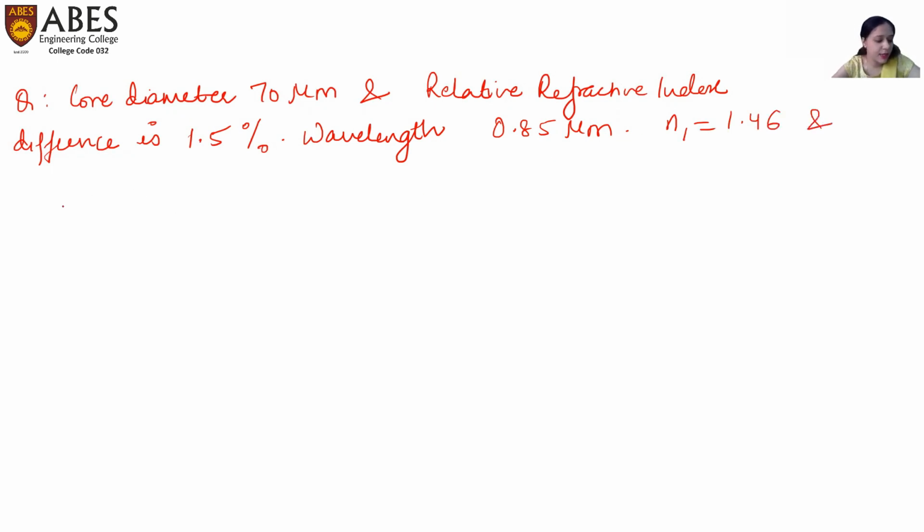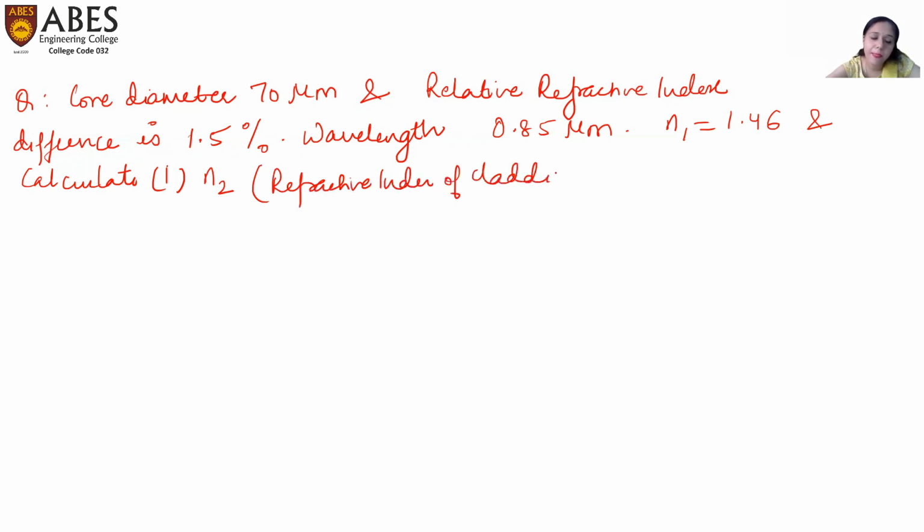And what do we have to calculate now? We have to calculate a couple of parameters. First is refractive index of cladding, that is N2. Then second part, we have to calculate normalized frequency, which is V number.